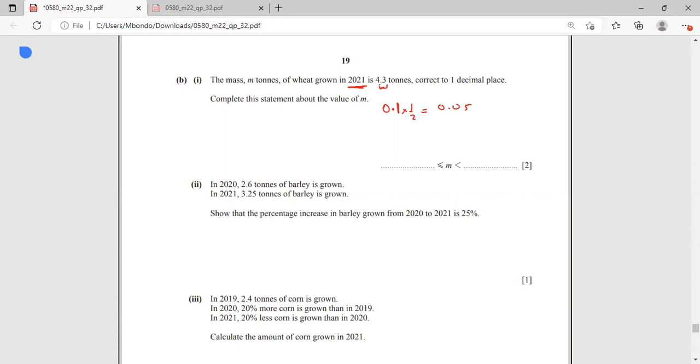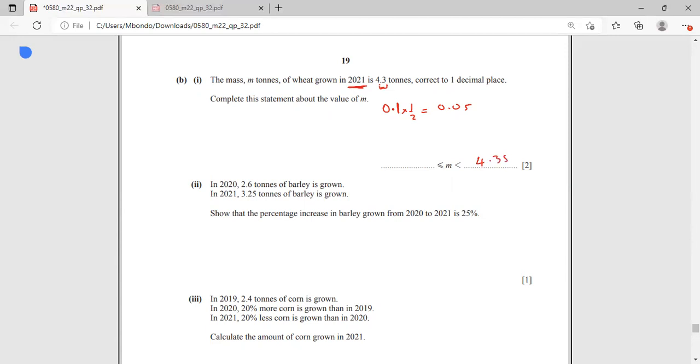And then we need to add this one and subtract it. I'm trying to say that if we add this one to find the upper limit, it will be 4.35.